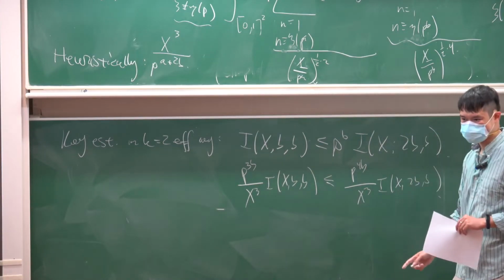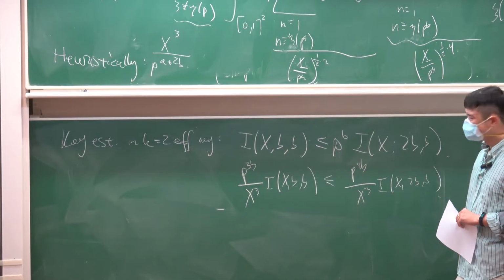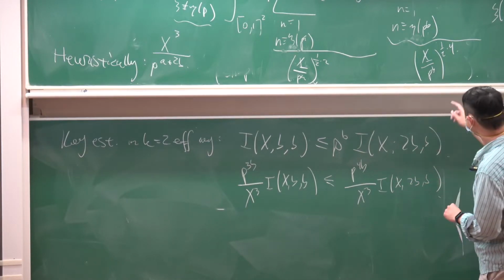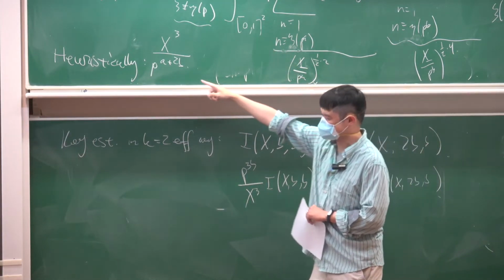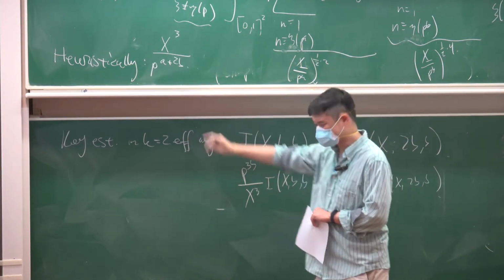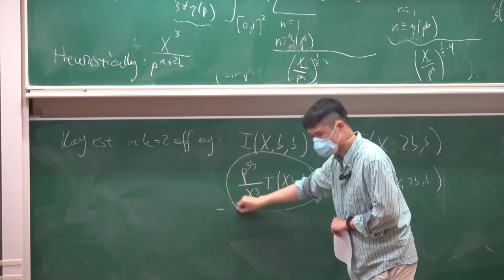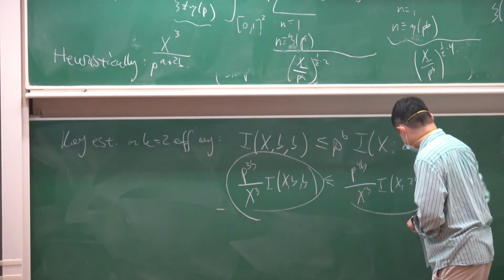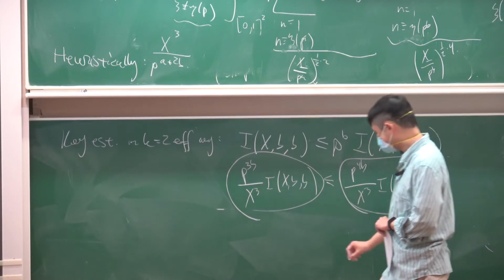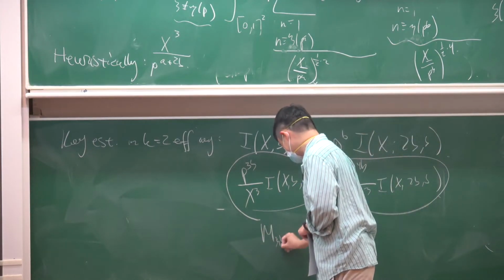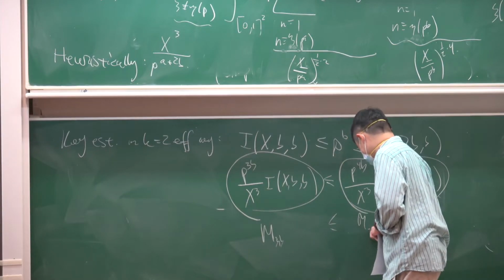Okay, slightly strange, but this is still true. And heuristically, we remember that I of x, a, b is this size. So heuristically, this guy is of size 1, and heuristically, this guy is of size 1. And this is what led me to guess that, okay, well, M_{b,b} should be less than M_{2b,b}.